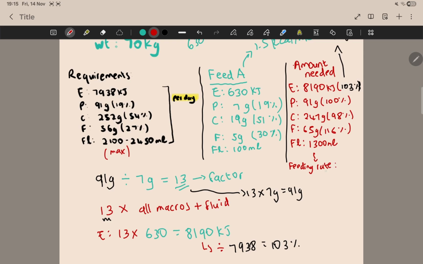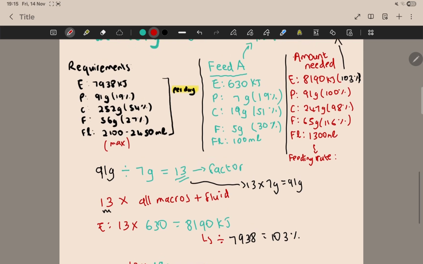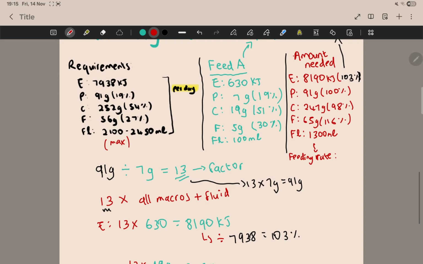Okay, we normally feed 3 hourly, so that's 8 feeds per day. Or you can be feeding hourly, depending on your patient's condition. But say for this patient, we feed 3 hourly.